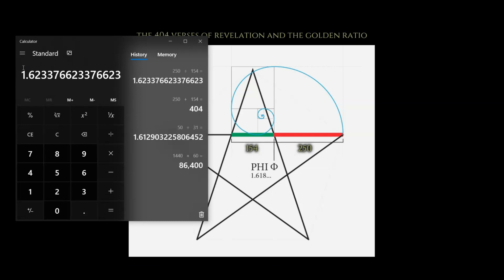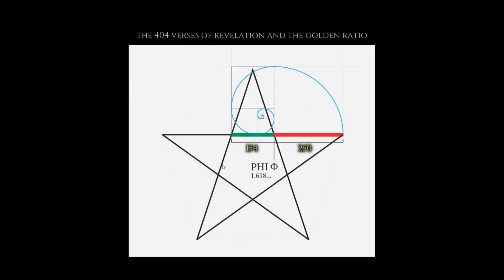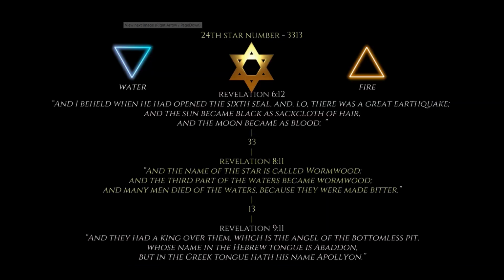That's our closest approximation of the golden ratio that we can get. And what makes that so significant is the 154th verse of Revelation is 9/11. This would be your golden verse of Revelation.